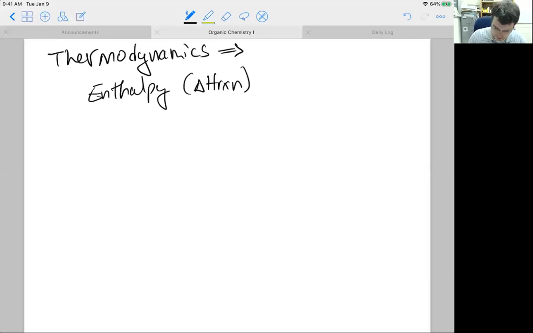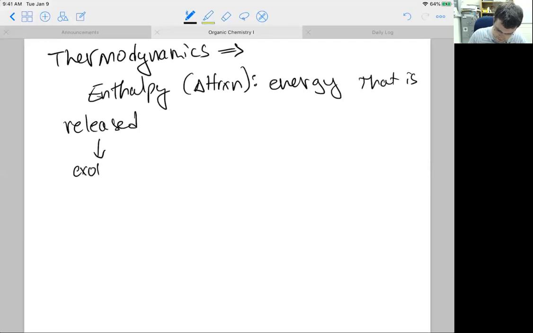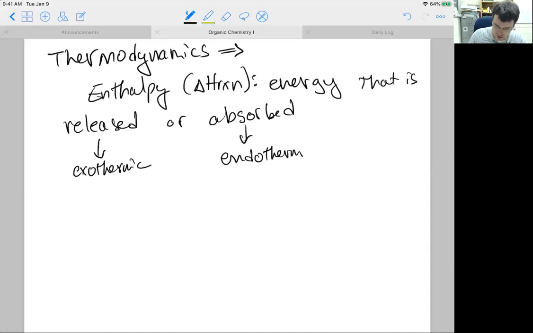And this is the energy that is released, which is exothermic, or absorbed, which is endothermic, by the system.